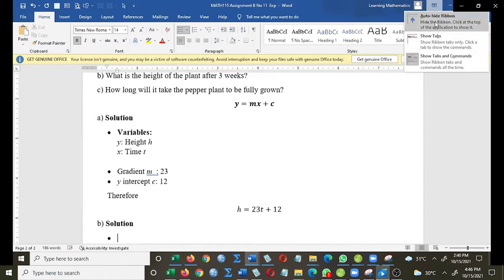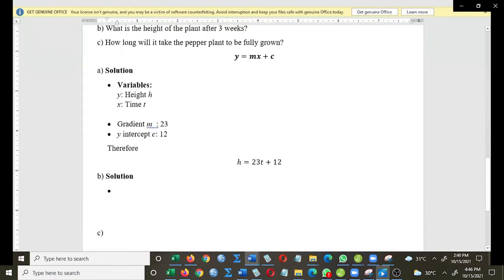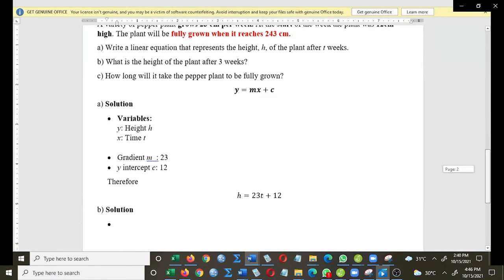What is the height after 3 weeks? You're going to multiply the gradient by your time. So they give us the time here. So that's what you say. H is equal to our gradient times the time that they give us, 3 weeks, plus the initial height, that is the y-intercept.